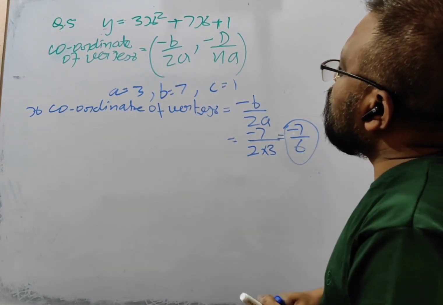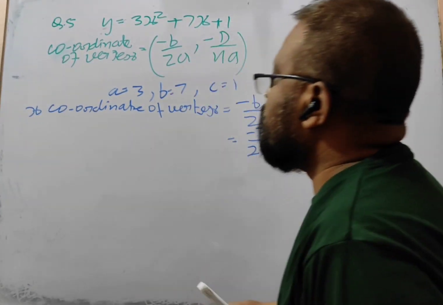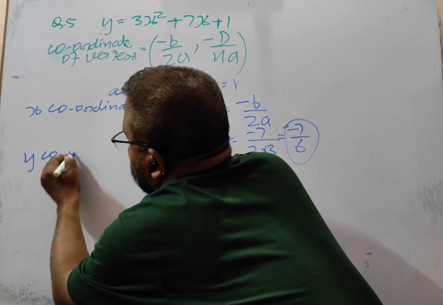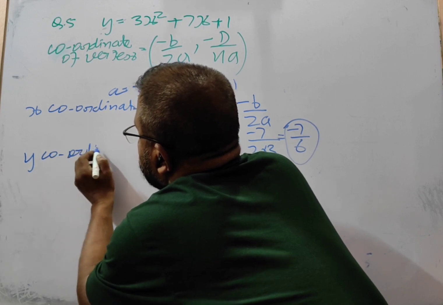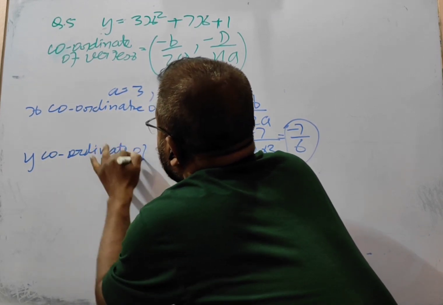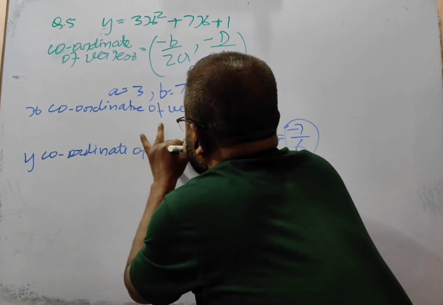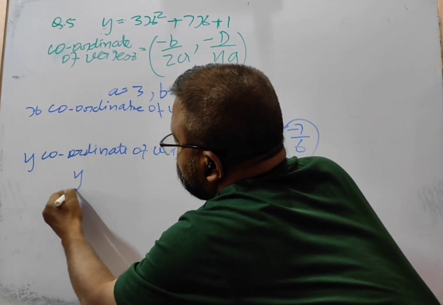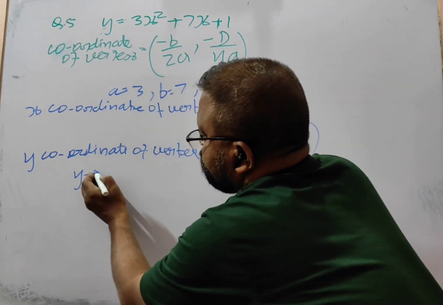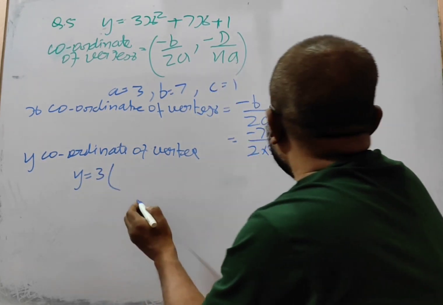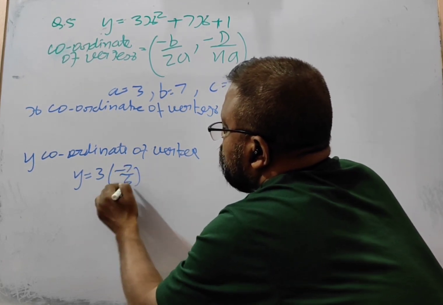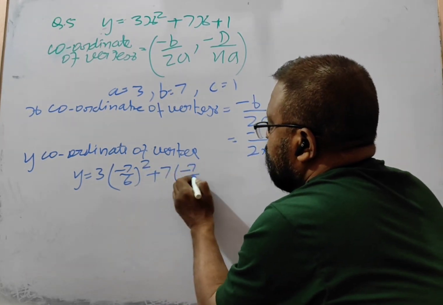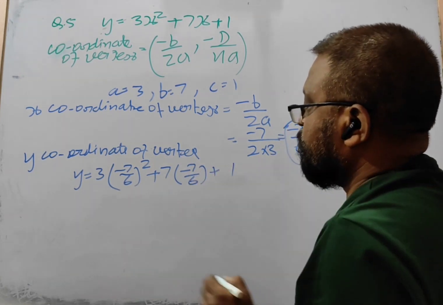And now the coordinate of y. For getting the y coordinate of the vertex, we can use this formula, or we put the values. y is equal to 3 bracket minus 7 upon 6 whole square plus 7 into minus 7 upon 6 plus 1, right?